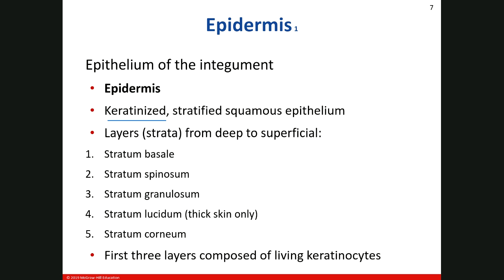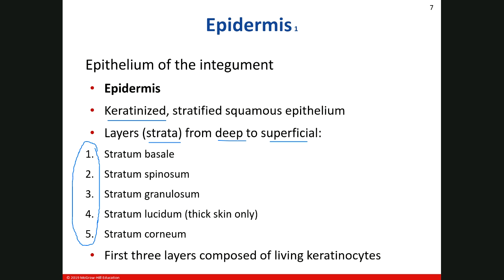There are 4 to 5 layers, or what we call strata, in our epidermis. We're going to go from deep to superficial. The stratum basale, or stratum basal, is the deepest layer. The stratum corneum is the most superficial.